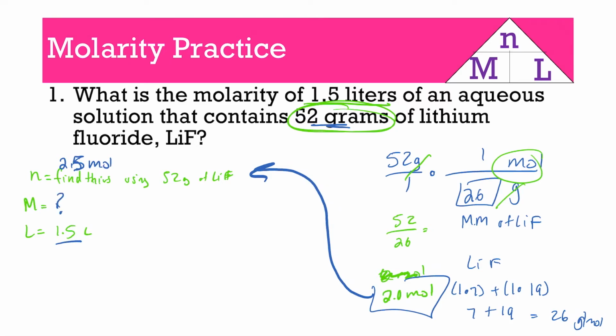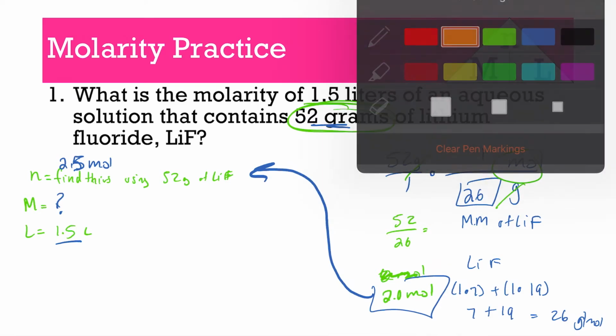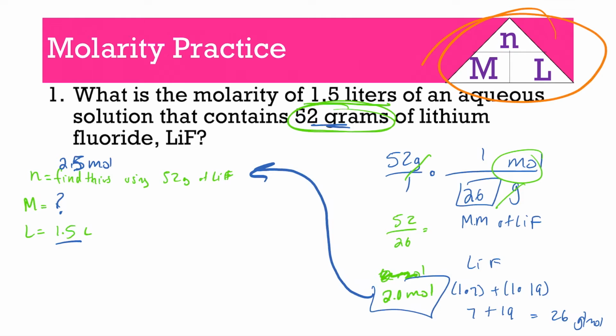Now we just need to find the molarity. And so using our molarity triangle, if we're looking for molarity, it's going to be moles over liters. And so you get 2.5 moles over 1.5 liters. And 2.5 divided by 2 point, hold on.